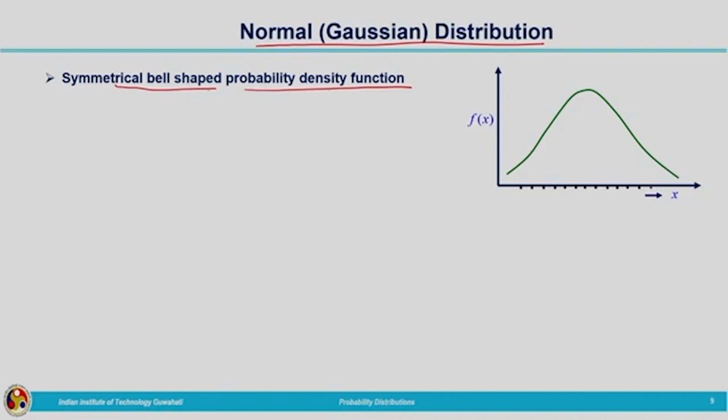Our probability density function is along the y-axis and along the x-axis the values of x is given, and if you plot the PDF, it will be looking like a bell-shaped function. This is very important function which we commonly use in the hydrologic analysis.